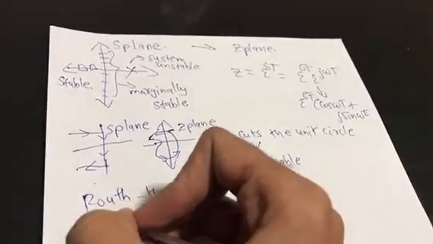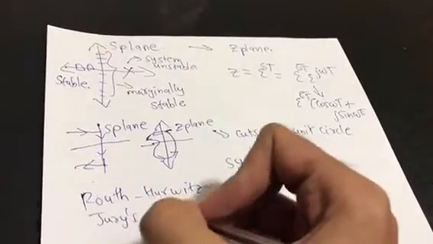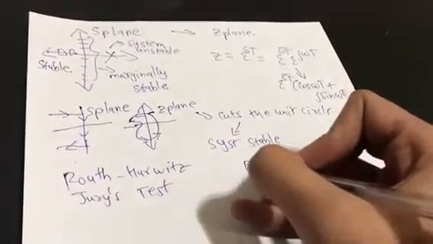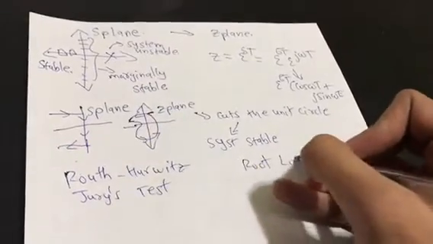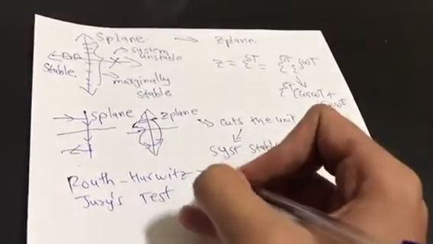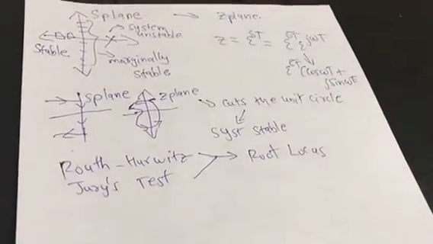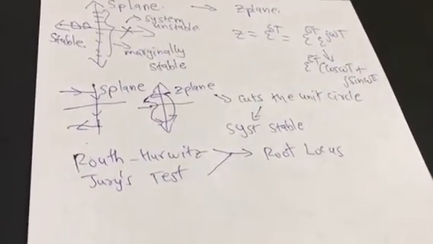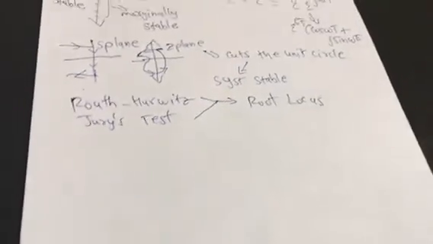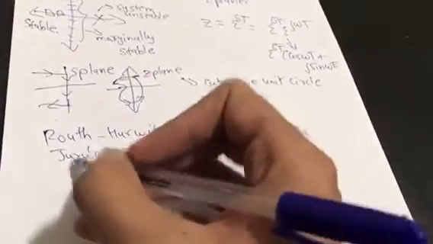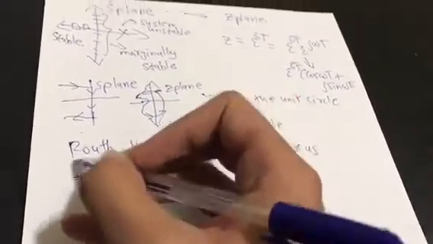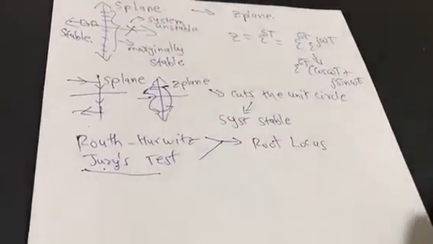Second is Jury's test. And third is root locus. Now, Routh's and Jury's tests both help in graphing the root locus. Now, if it's a digital system, we use Jury's test, and for a simple system, we use Routh's test.